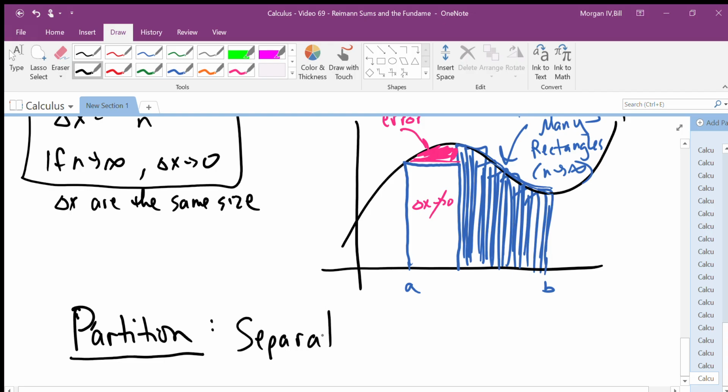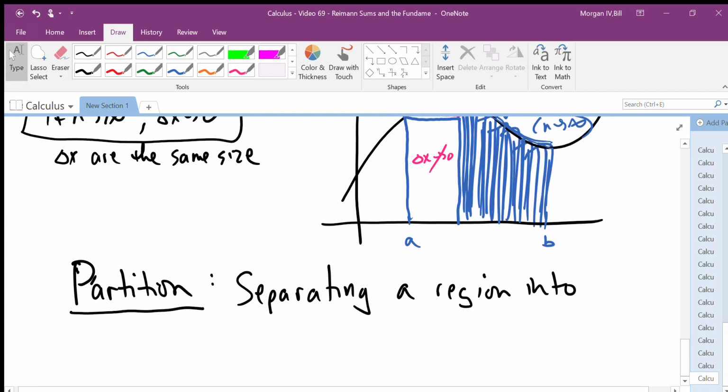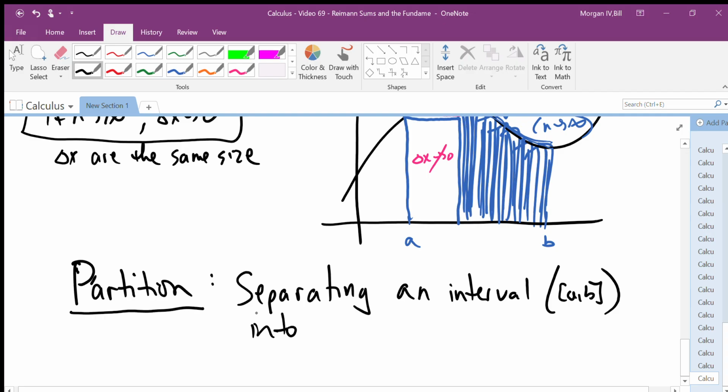A partition is separating a region into, or separating an interval is probably better, separating an interval, a to b in this case, into subintervals, smaller intervals. That separation, how we separate that interval a to b into subintervals, is called a partition.